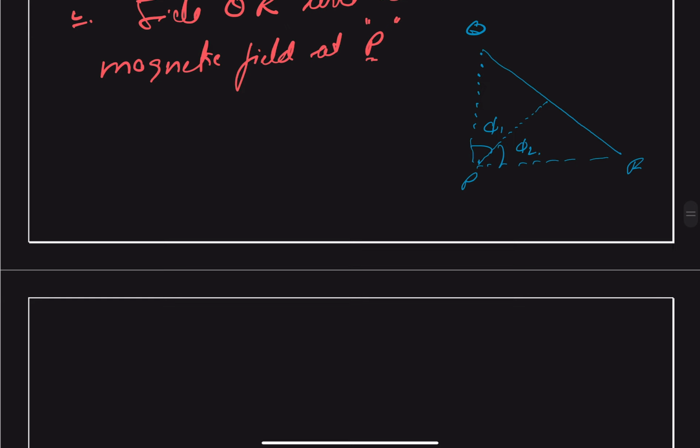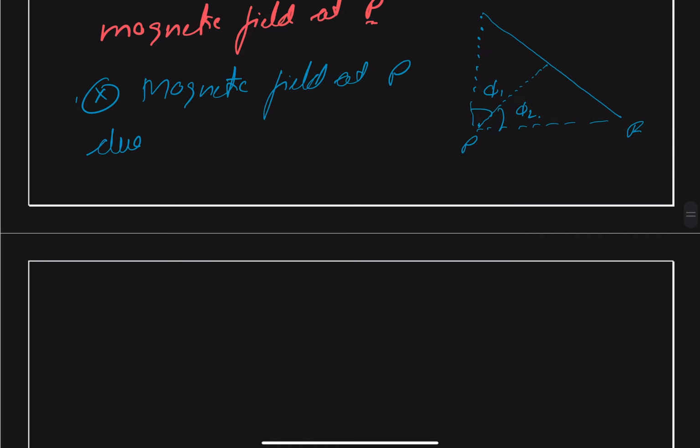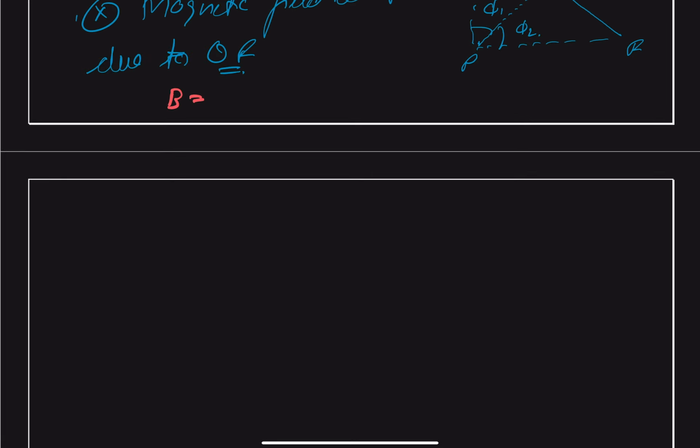So we can write that the magnetic field at P due to QR, according to Biot-Savart's law, B is equal to mu naught I upon 4 pi integral dl cross r unit vector divided by r square.